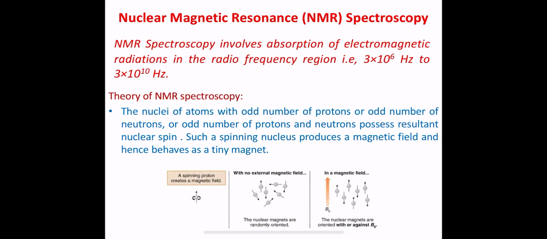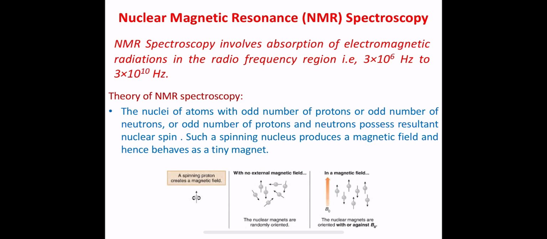This spectroscopic method is mainly used in the identification of organic compounds. The widely used NMR techniques are proton NMR and C13 NMR. These two are very important NMR techniques.